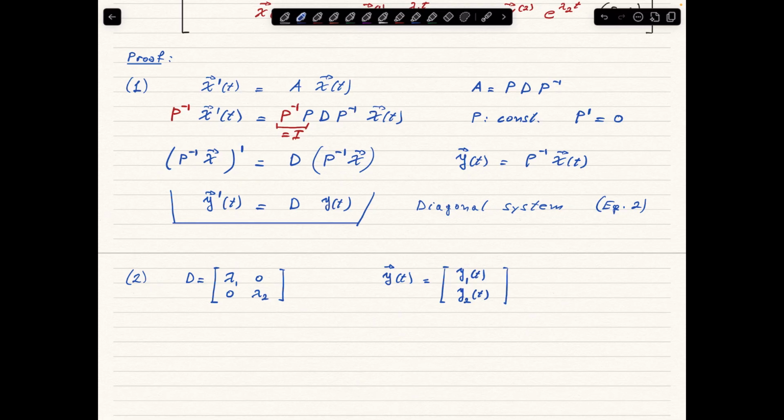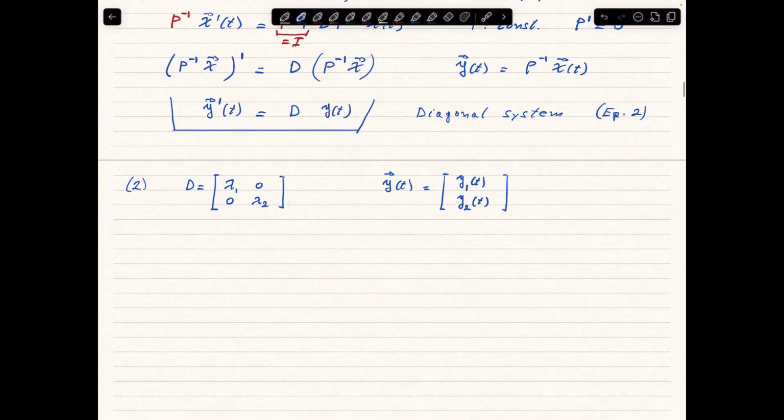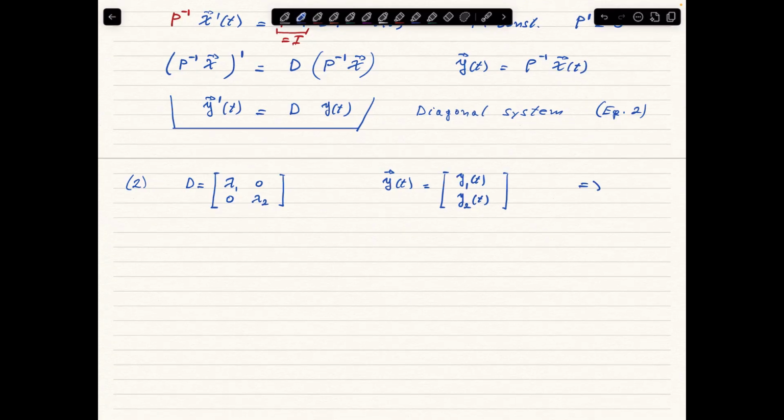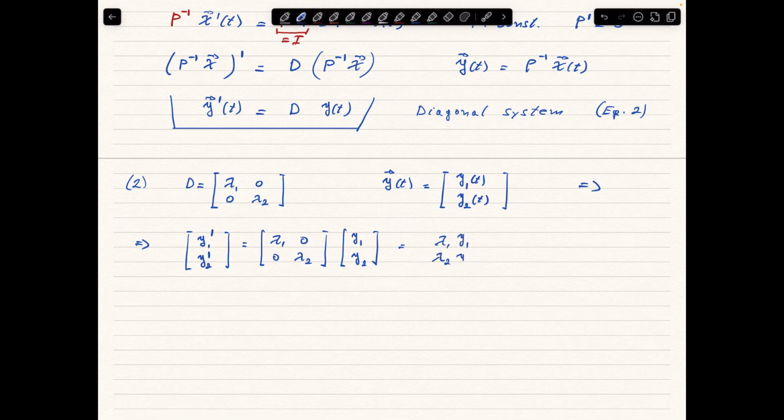Now we can solve the diagonal equation just like we solved the first example in this video. We are going to have y1 prime, y2 prime, and over here we have lambda 1, 0, 0, lambda 2 acting on the vector y1, y2, which of course is something very simple: it's just lambda 1 y1, and here lambda 2 y2.